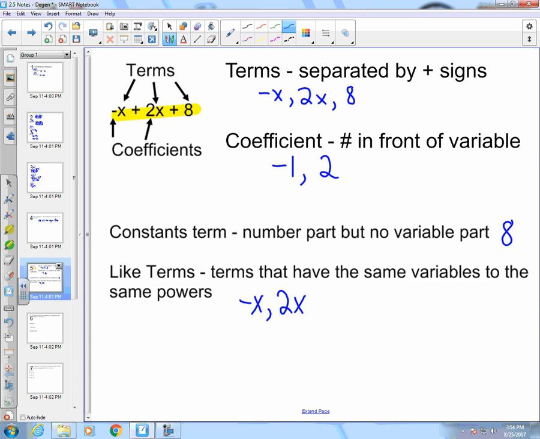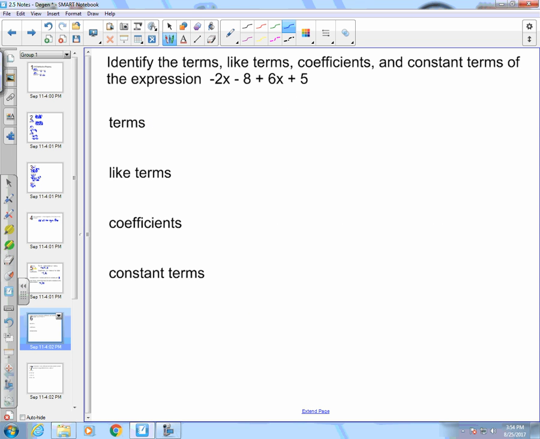On your homework today, you'll have to be able to tell me what the terms of the expression are, what the coefficients are, what the constant terms are, and what the like terms are. So let's do a problem like that. We have the expression negative 2x minus 8 plus 6x plus 5.